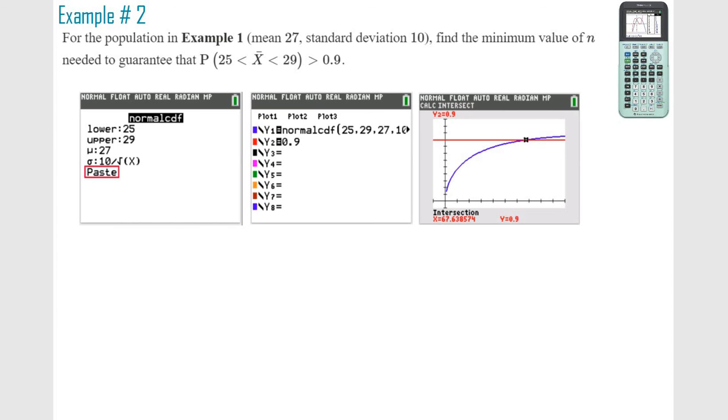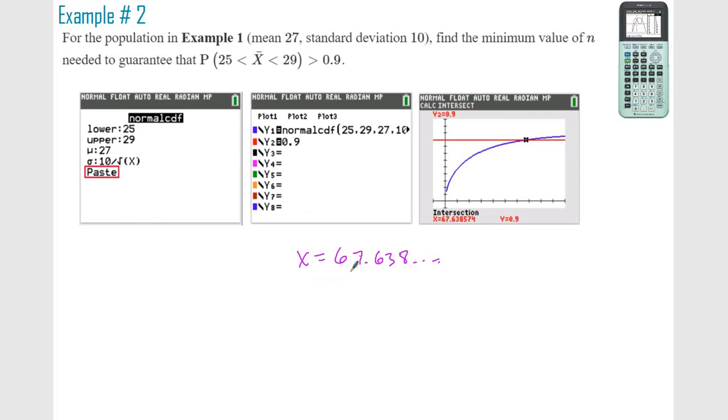So what do we say? Is the x value going to be 67? Not quite, because x has to be 67.638 and so on. This is how many elements we need to get the probability to be 0.9.